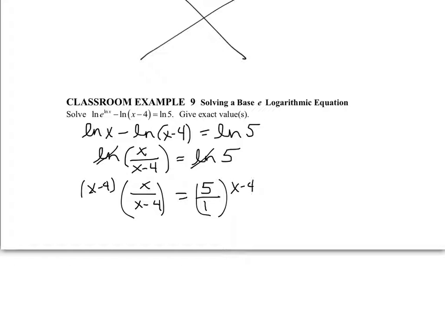And what we will end up with is x equals 5 times (x minus 4), distributed becomes 5x minus 20. If I move the 5x to the left side, so I get the x's together on one side, leave the negative 20 on the right, x minus 5x is negative 4x equals negative 20.